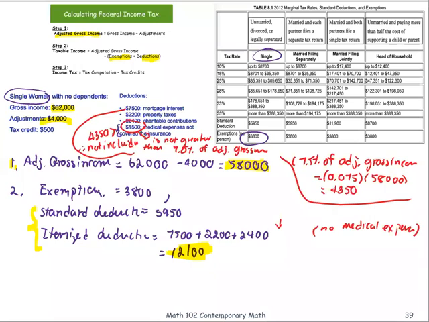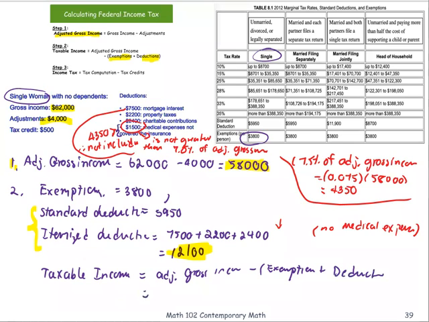Therefore, for step 2, we calculate taxable income, which is from the adjusted gross income subtracted by the exemption plus deduction.